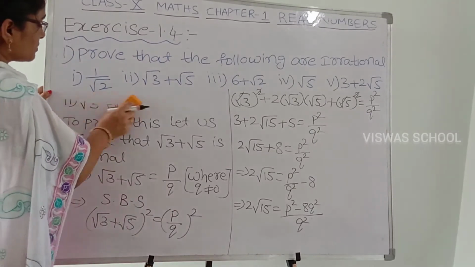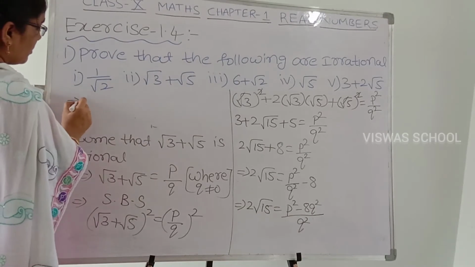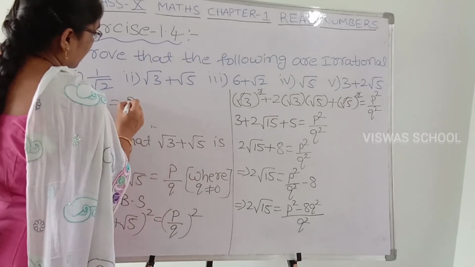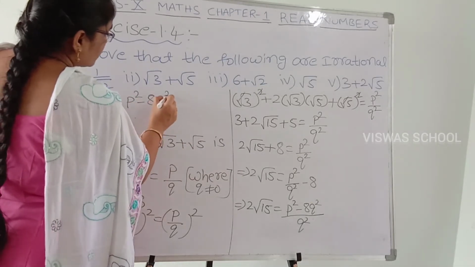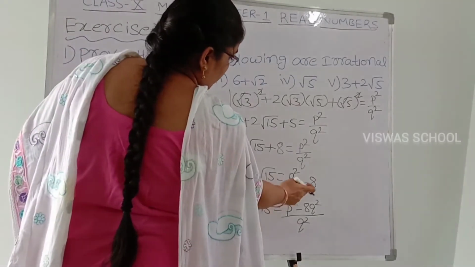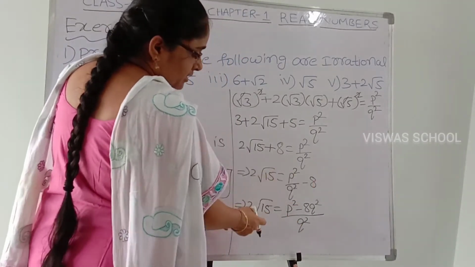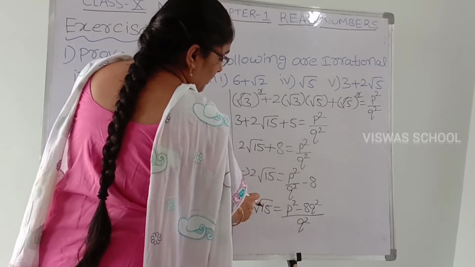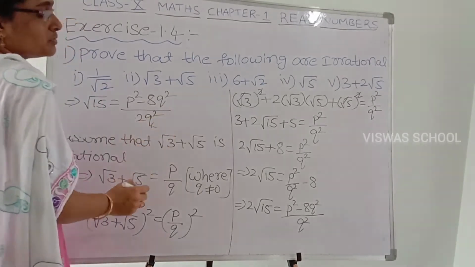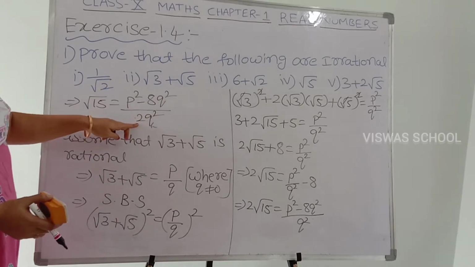Next, root 15 equals P square minus 8Q square by, write this 2 to the RHS side, it comes in the denominator part, that is 2Q square. So P square minus 8Q square by 2Q square.